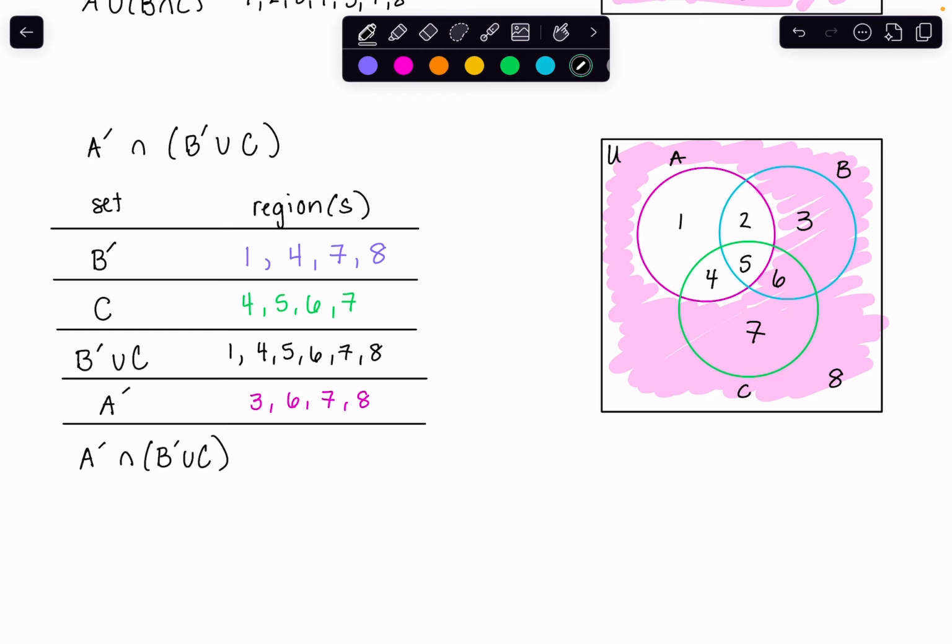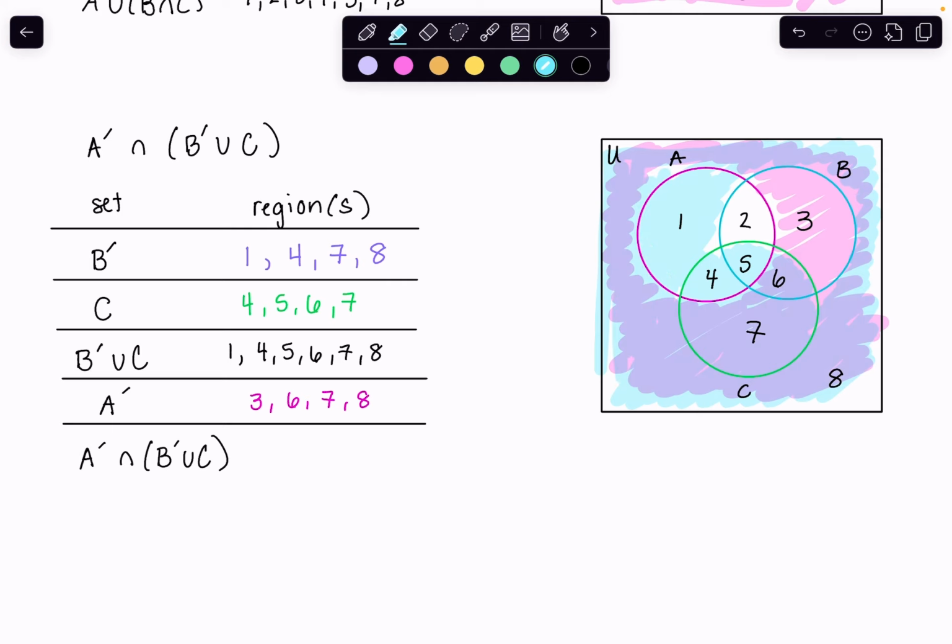So just to refresh, if I shade in, let's do it in blue, this section here, that's region 1, region 4, region 5, region 6, region 7, and region 8. So everything on the outside of these gets shaded too. You are looking for the overlap of these two sets.